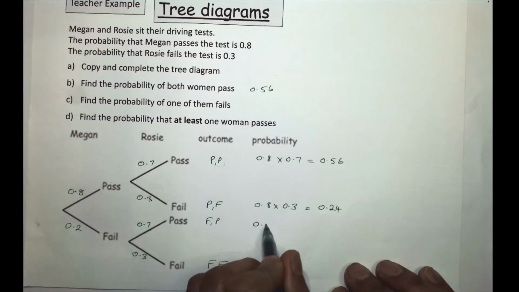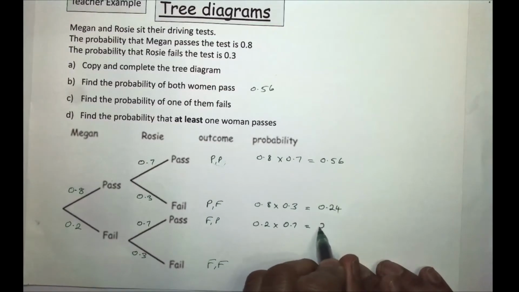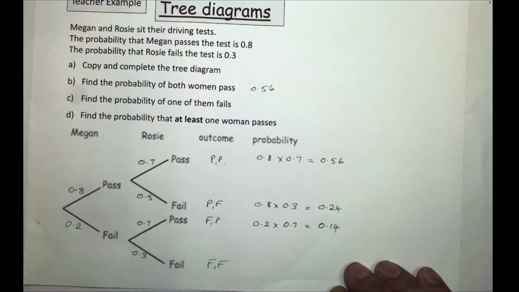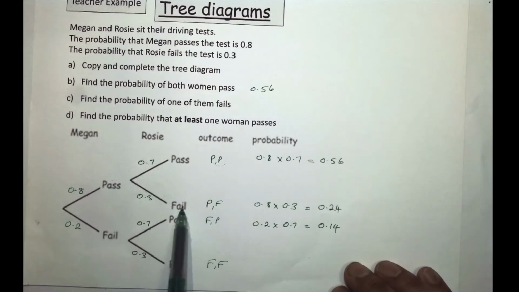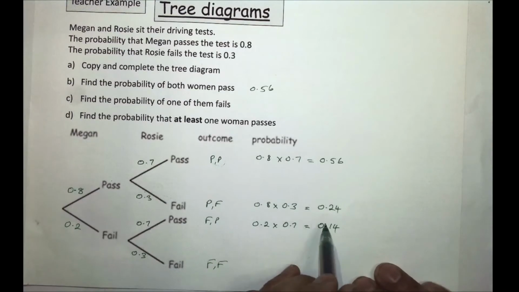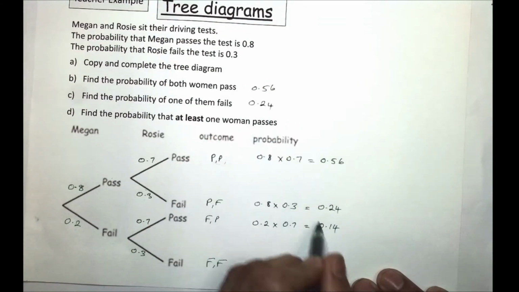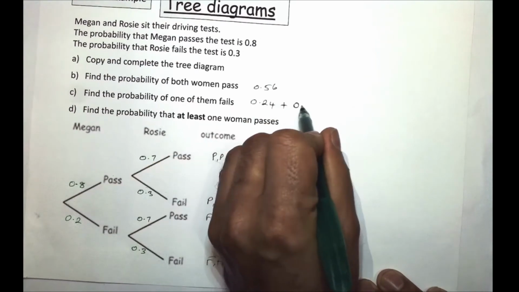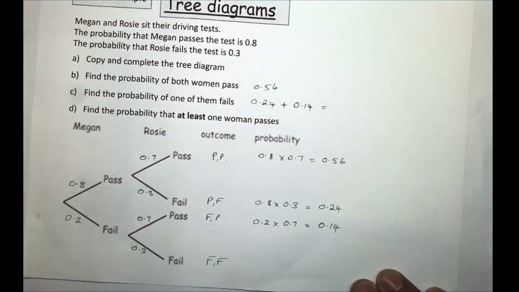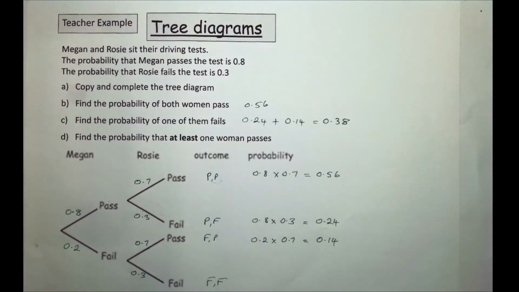That'll be 0.2 times 0.7, which will give me 0.14. So we've got pass and fail, or fail and pass. For the second part of the question, we need 0.24 plus 0.14, which gives me 0.38.